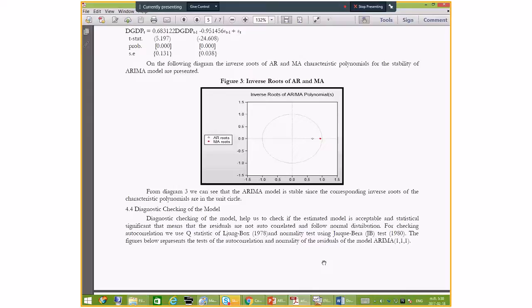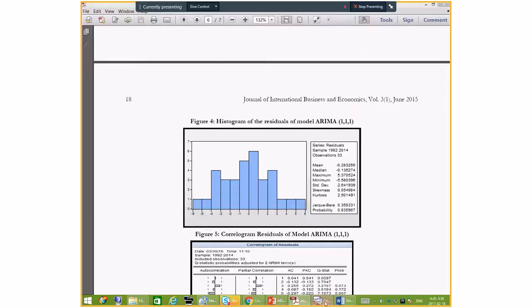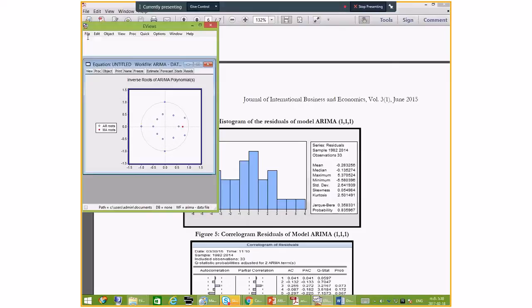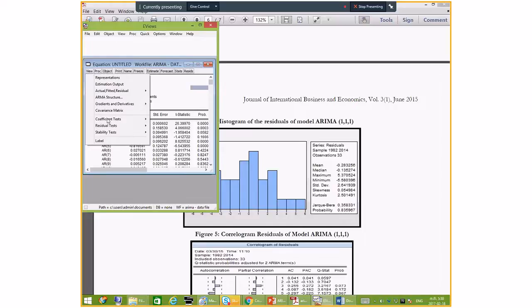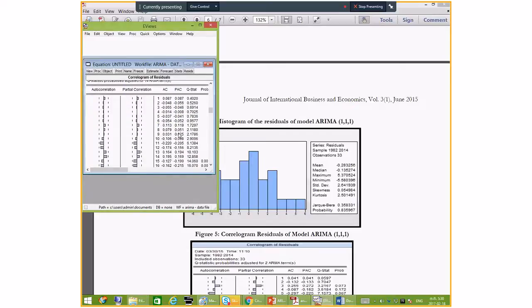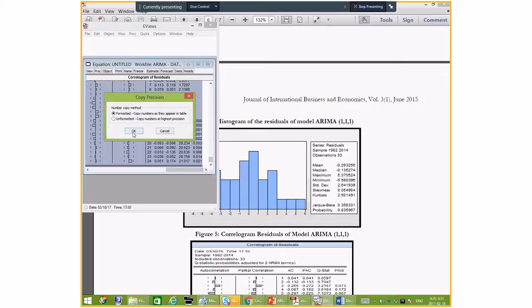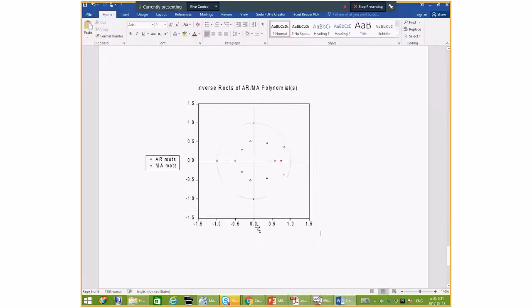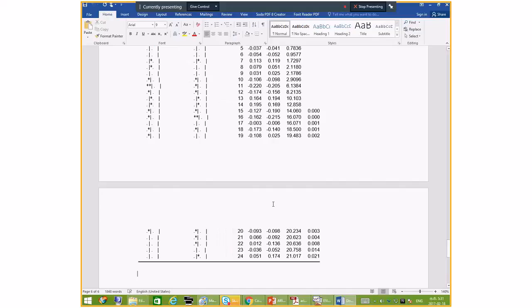Now we need to do the diagnostic checking, the histogram and the correlogram. Go to View, residual test, correlogram.